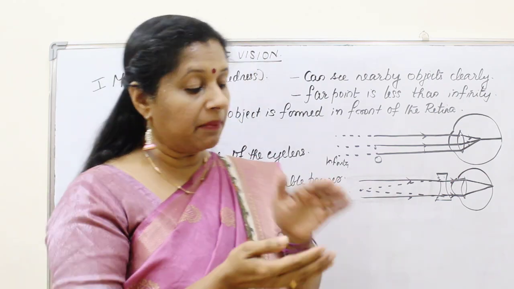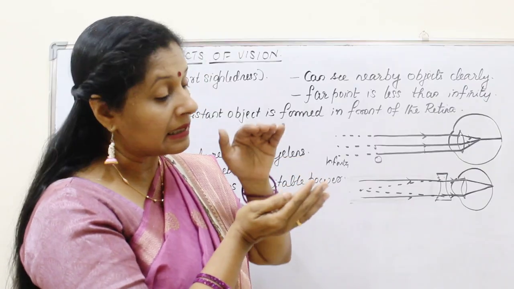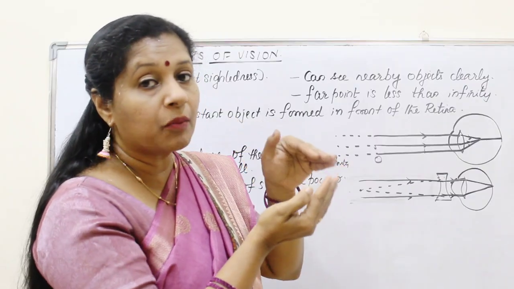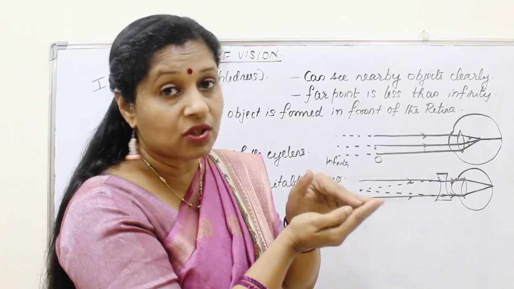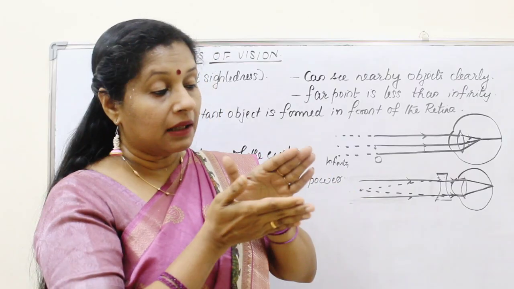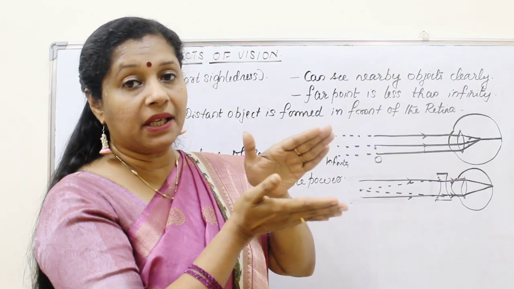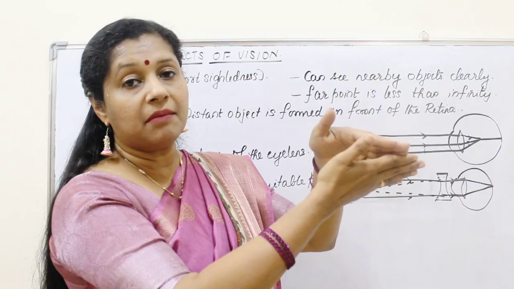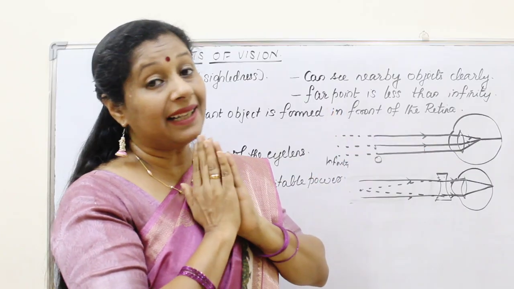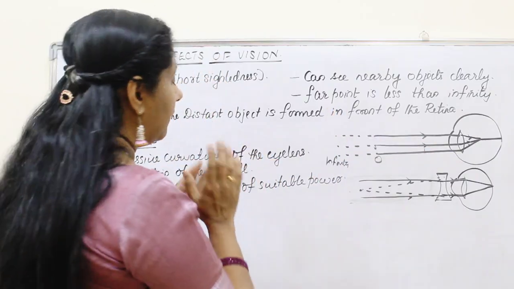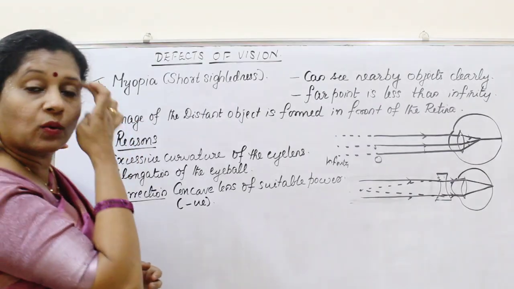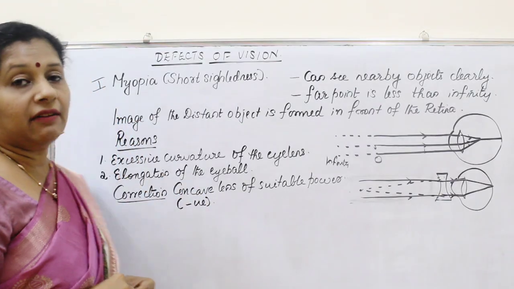So here the problem is, due to thickness of our eye lens, our lens is converging the rays so quickly. So if we can diverge the lights a little bit, then the convergence can be even farther away. So that technique is used here. So if you are using a divergent lens, what is a divergent lens? It is concave lens.